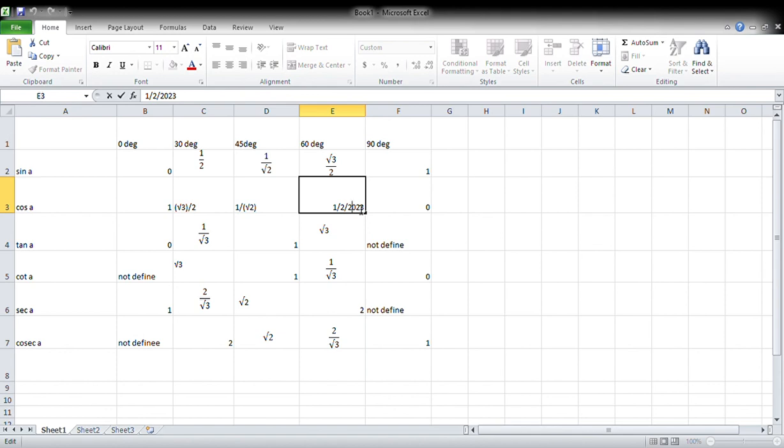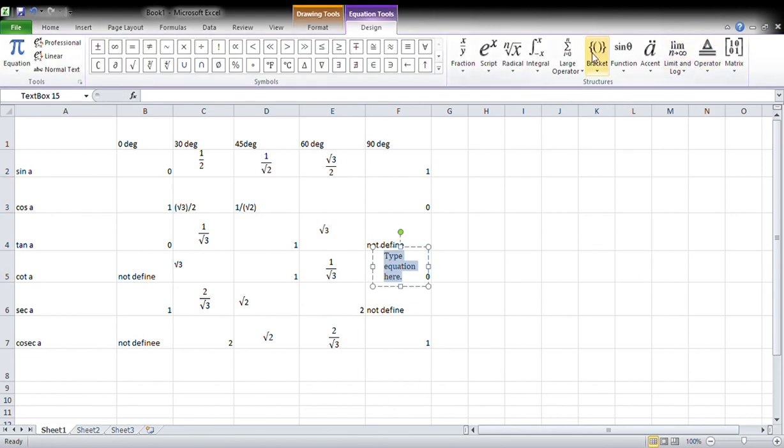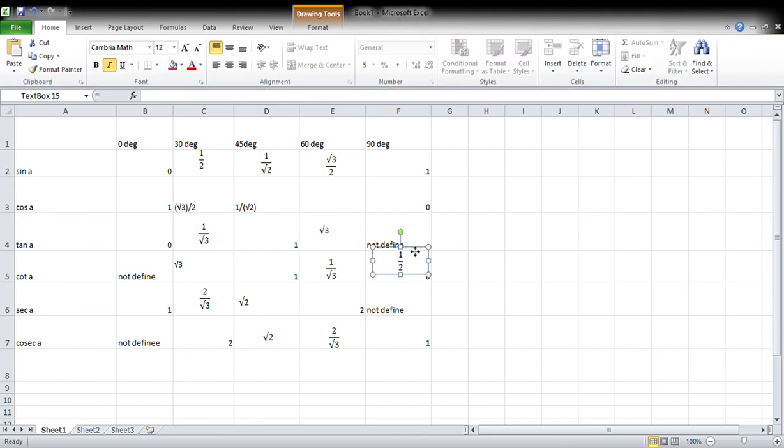Sorry, extremely sorry, I made a mistake. Cos 60 is equal to 1 by 2, right? This is 1, this is 2, so 1 by 2.